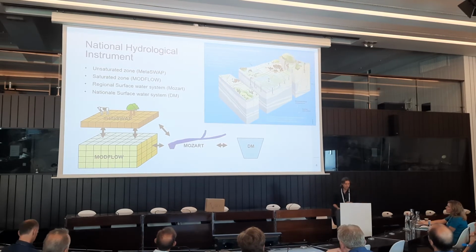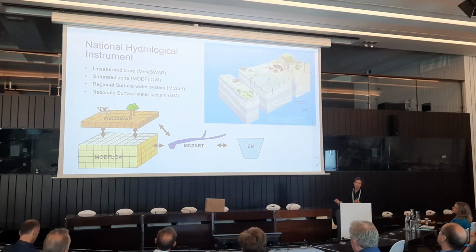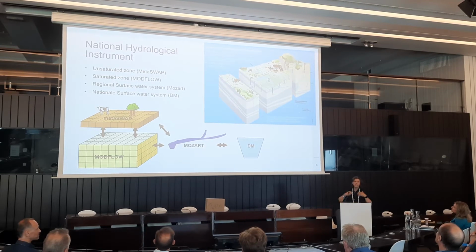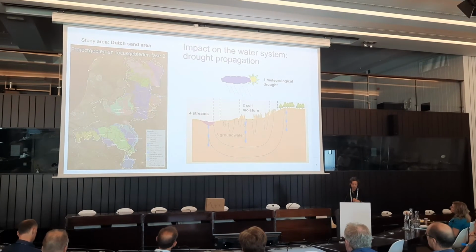I will not go into detail, but MODFLOW is used for the groundwater part, the unsaturated zone with MetaSWAP, the abstractions of course, and for the regional surface water system it is Mozart, and there's also a national distribution water system. All parts of the water system are modeled with this model, so it's really suitable to calculate effects of droughts and also solutions.